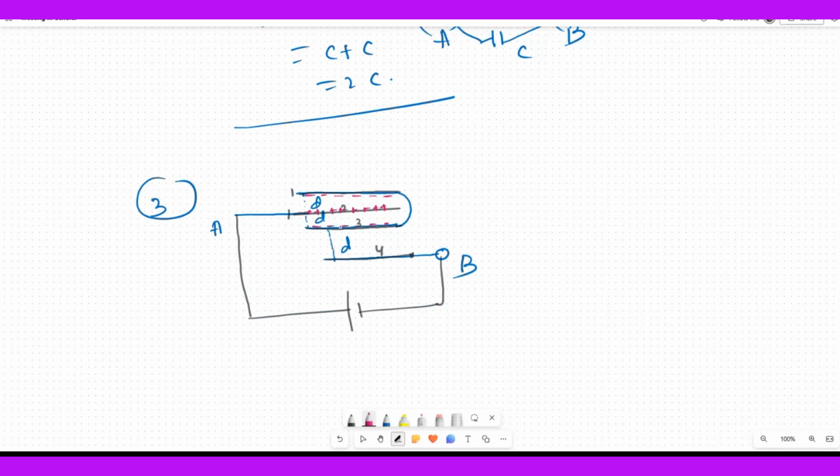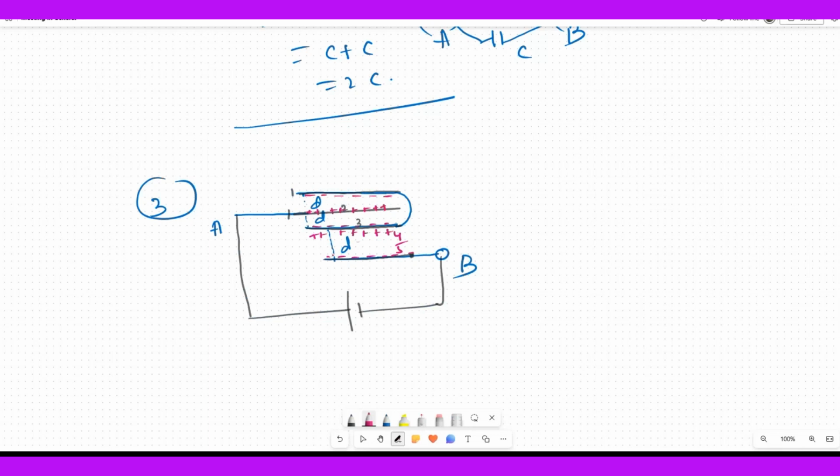So if this is negative, it will induce positive charge. This is not external. I told you not to mark the external one. You can take this point as 4 and this one as 5. What kind of charge does it get? This is also negative.